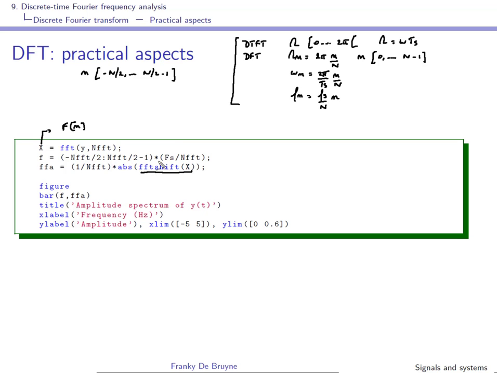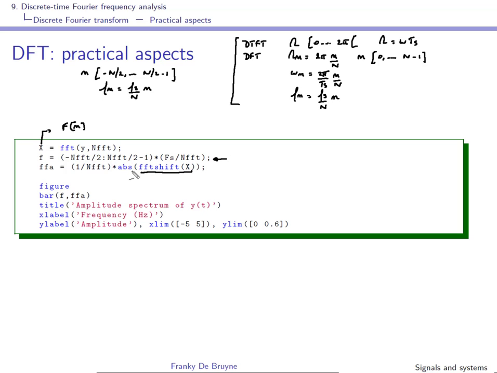This is what we'll have after this shifting operation. And again, the frequencies can be constructed as the spectral resolution, fs divided by N, times this index over here. And indeed, you can see that this is how we construct the frequencies.